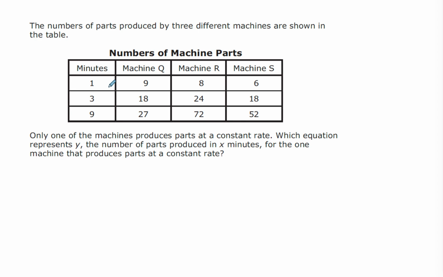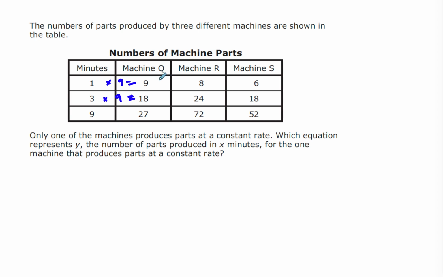Okay, so we need to figure out how many parts per minute and see which one's the same. Okay, so here, from the minutes to machine Q, this one is 1 times 9 to get to 9. 3 times 9 does not equal 18, so machine Q is not going to work.